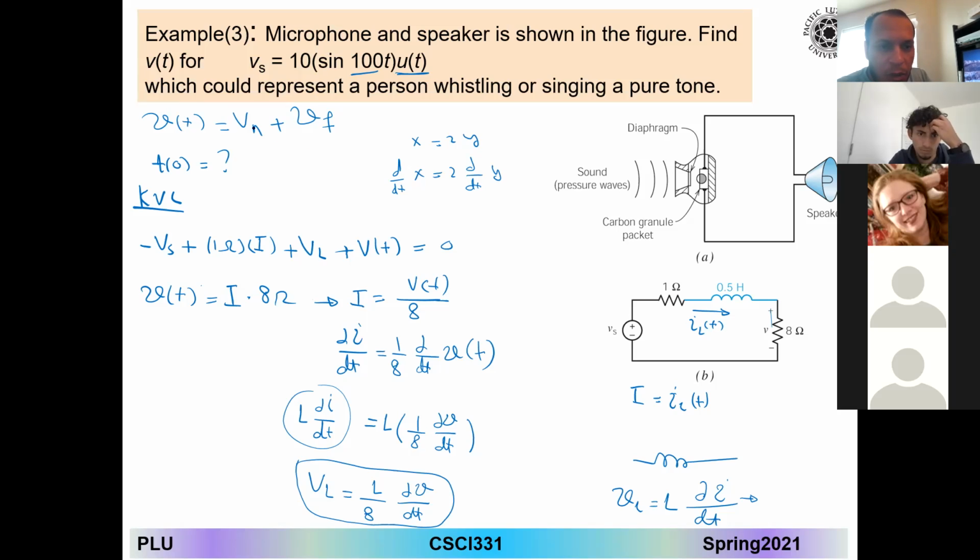So now basically we have Vs, I which is the IL, and VL, and a relation between V and I. So I'm going to replace all the I and VL by V, so I end up with one equation with Vs and just V, because I'm looking to find V, not I.